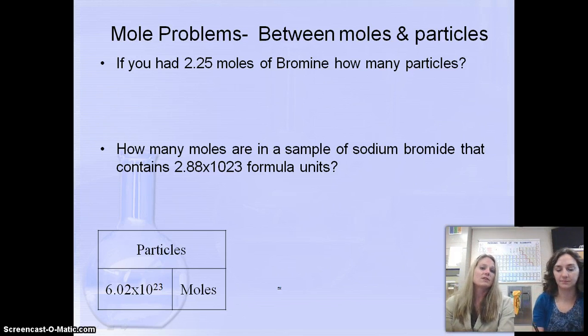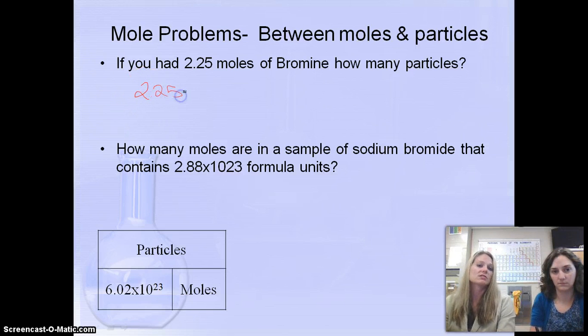So the first one, if you have 2.25 moles of bromine, how many particles are you going to have? Well, the particles in the top box would be our x. We've got the 6.02 times 10 to the 23rd in the bottom left corner, and we also have moles. They gave us moles, so we can plug that into that bottom corner, and because they're sitting next to each other, mathematically in these little triangles, we get to multiply them together.